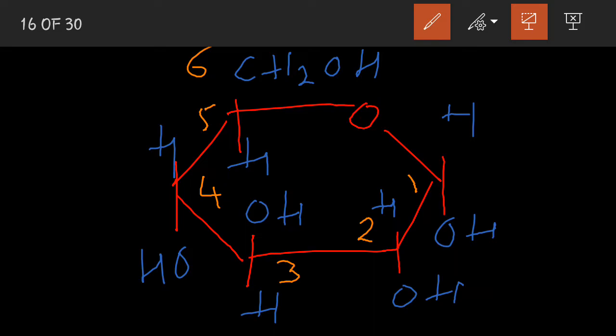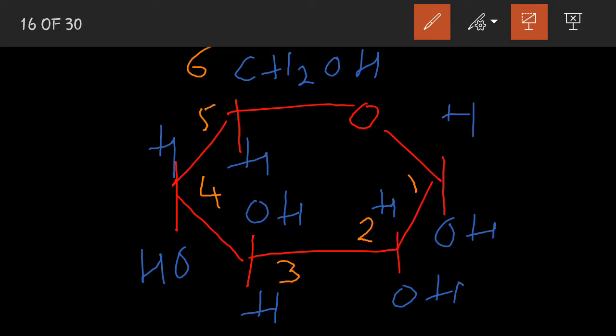That makes it easy to remember. So what should you remember? The positions of H and OH. Drawing the 6-membered ring is very simple, with the oxygen atom as one of the members. But writing these positions is very important. If you make a very slight mistake, for example writing OH instead of H, even if everything else is right, you will get 0 marks. This question will be asked for 2 marks. That's why it's important. If there is a slight mistake, you will not get even 1 mark.